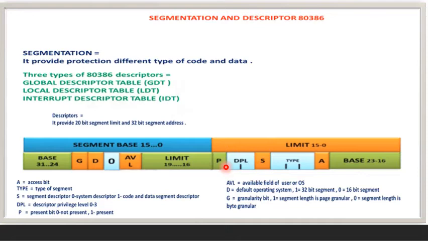When P is equal to 0, the descriptor is not present. DPL is the descriptor privilege level, from 0 to 3. S is the segment descriptor bit. When S is equal to 0, it is a system descriptor, and when S is equal to 1, it is a code or data segment descriptor.